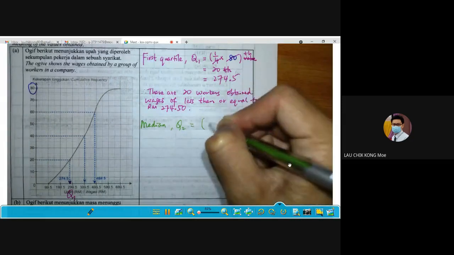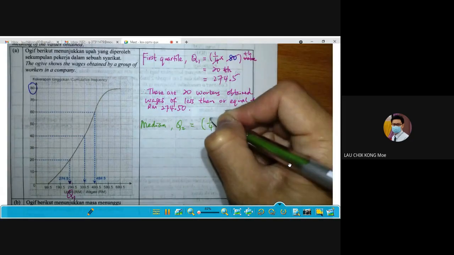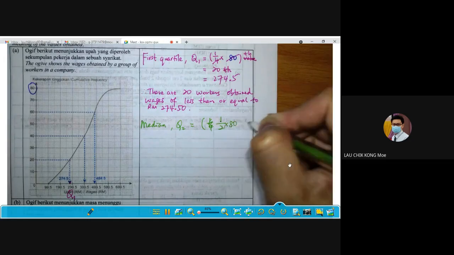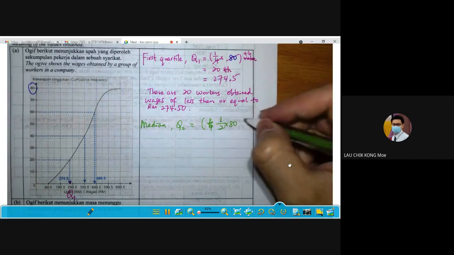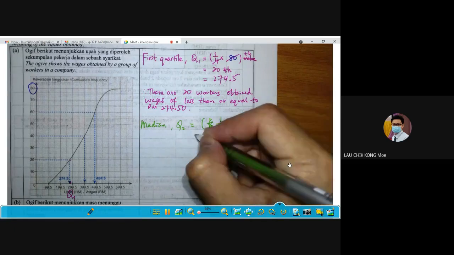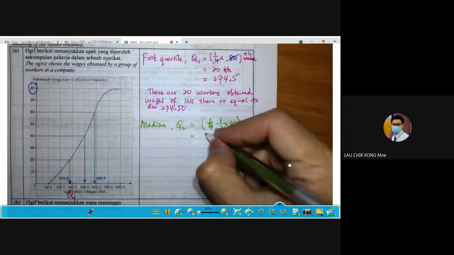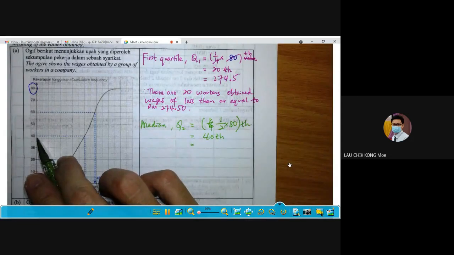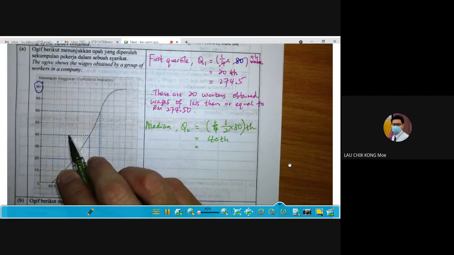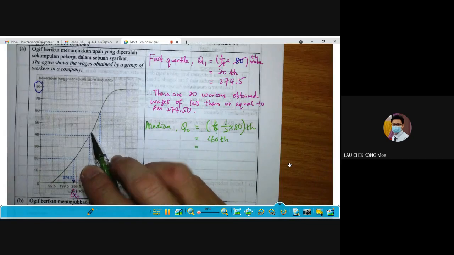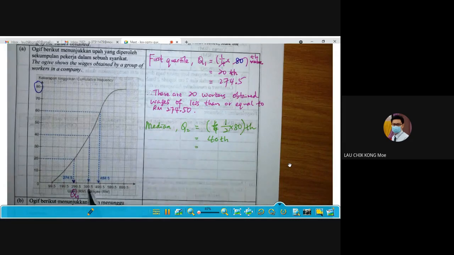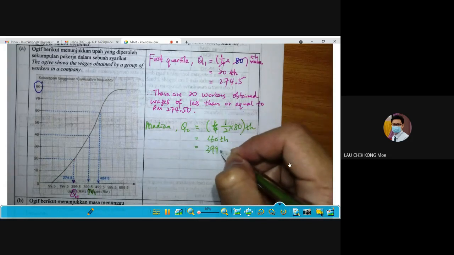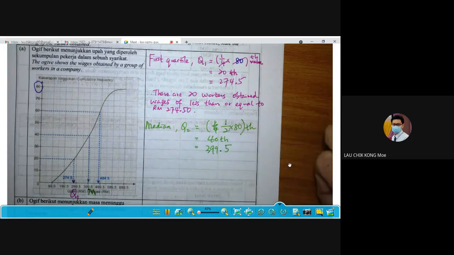So 1/2 times 80, the total frequency is 80. TH. Okay, so this is 40 TH. So 40 TH already we have here in the graph, already give it to you, the dash line. Kalau dia tidak, kita kena lukis sendiri. So 399.5. This is median, 399.5. So what is the meaning?